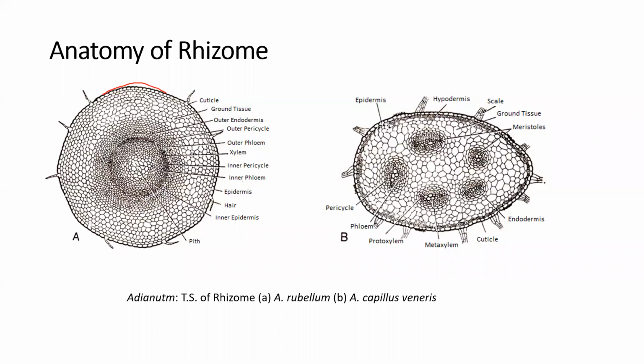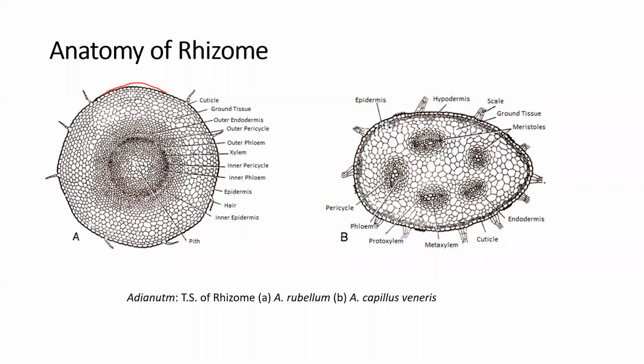So in the stellar organization, pericycle as well as endodermis is present in the cephalostele, both outside and inside.